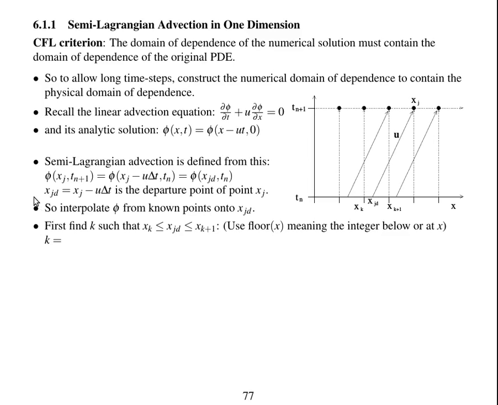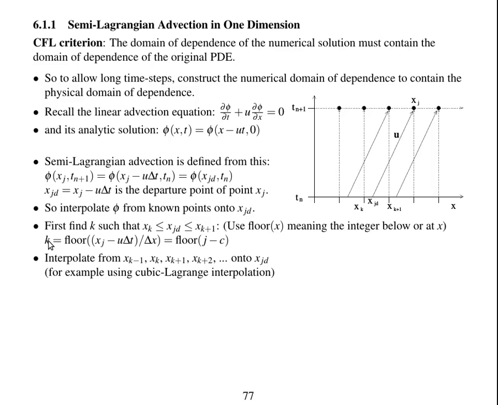If xj is j times delta x, k is going to be the integer part, or the floor, of xjd divided by delta x. And if you do xj divided by delta x, that'll give you j, and u delta t over delta x is c. So this is an equation for how to find k.